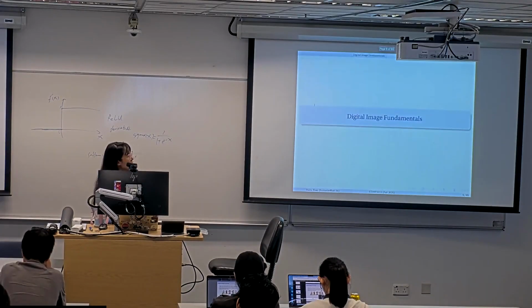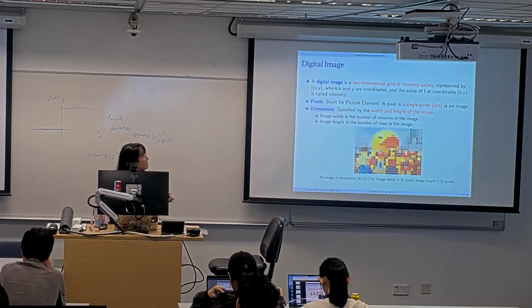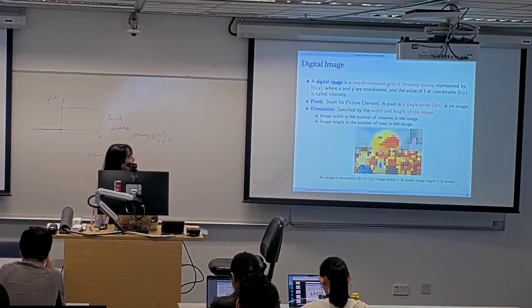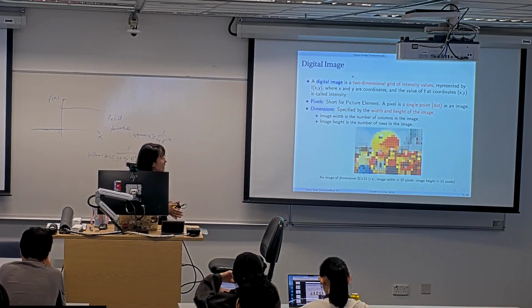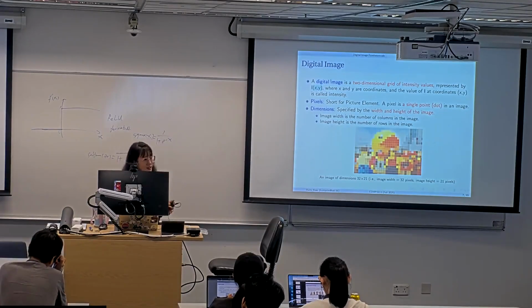So next, let's see some digital image fundamentals so that you have some background to know how to manipulate images. First, what is a digital image? Strictly defining, a digital image is a two-dimensional grid of intensity values represented by I(x, y). Here I represents intensity, and x and y are coordinates.